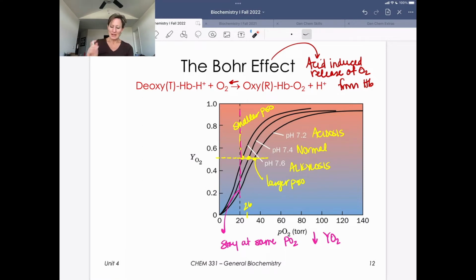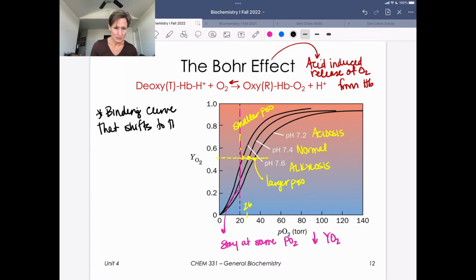Okay, so the big picture that we want to remember here is that a binding curve that shifts to the right indicates that we are binding our ligand more loosely. So let's write that down here. So a binding curve that shifts to the right means that we bind our ligand more loosely, or said another way, less tightly.